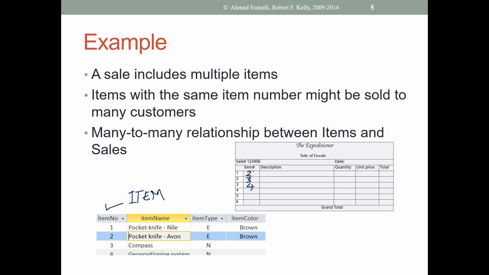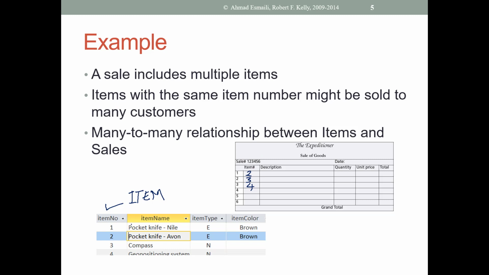So this is an example of the relationship between the sale and item. Now let's try to understand the nature of this relationship which will be present between item and sale.